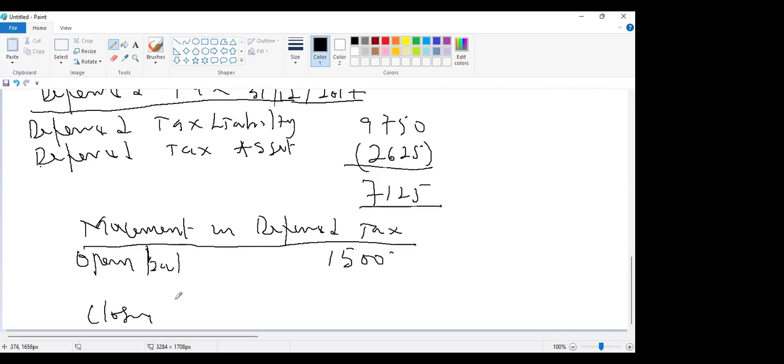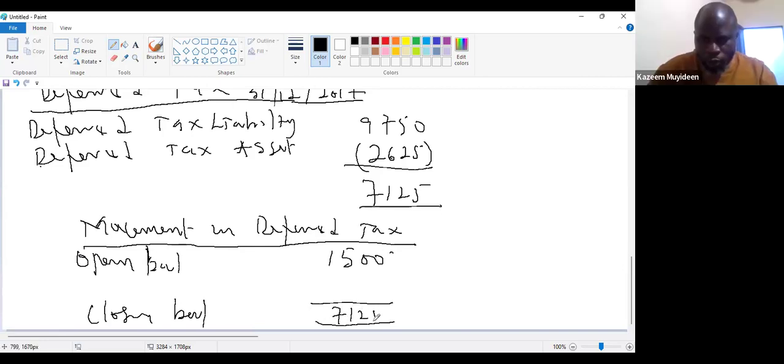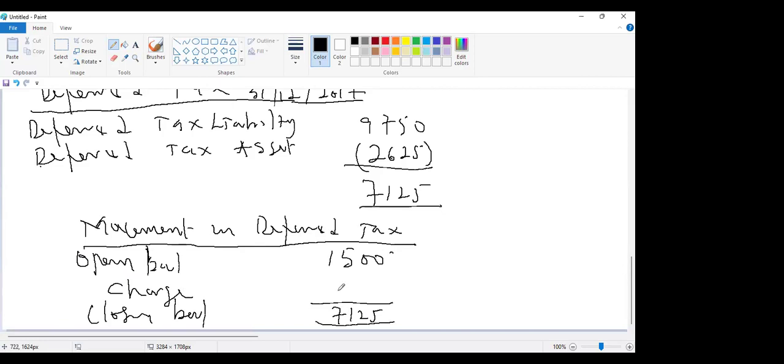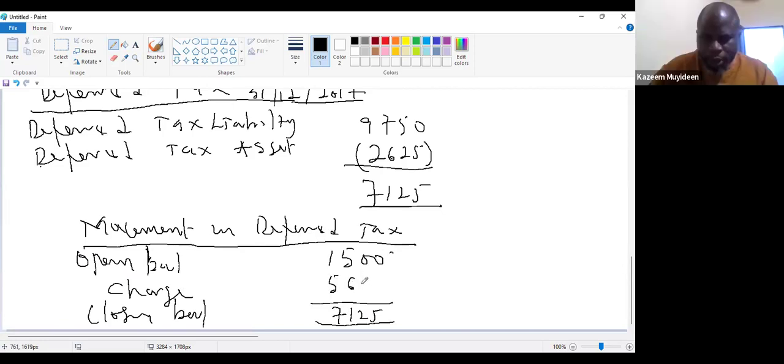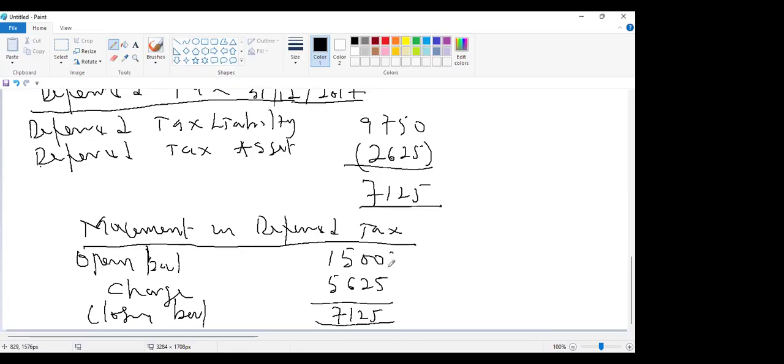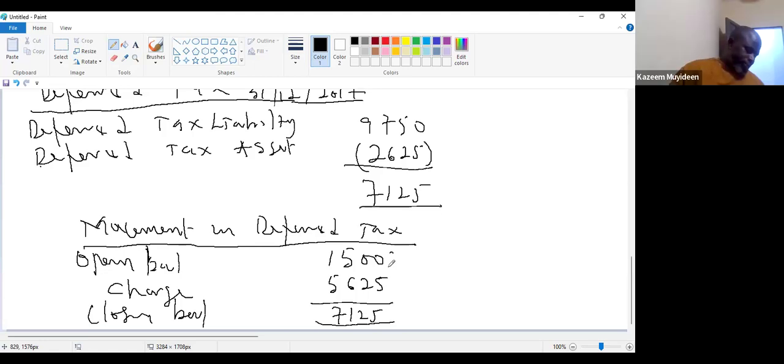Closing balance 7,125. We charge now 7,125 minus 1.5. What does it give us? 5,625. That's it.